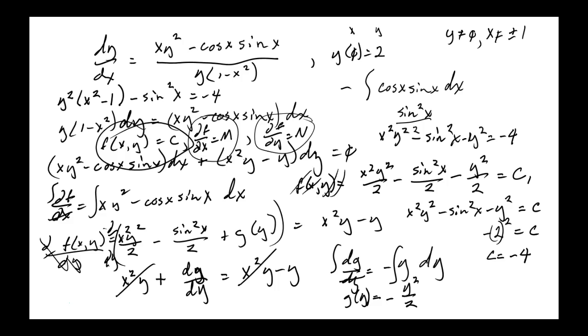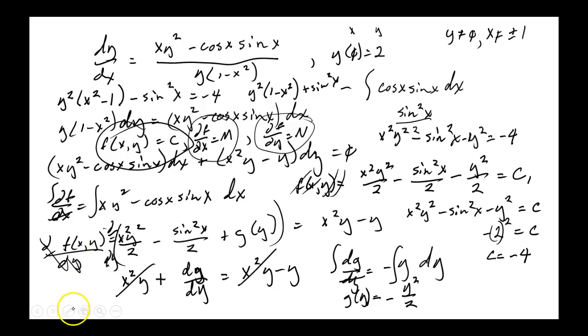Or, because you got so many minuses in there, you can multiply everything by minus 1 and make that y squared times 1 minus x squared. And that looks a lot more like this was to begin with. Okay, plus sine squared x.